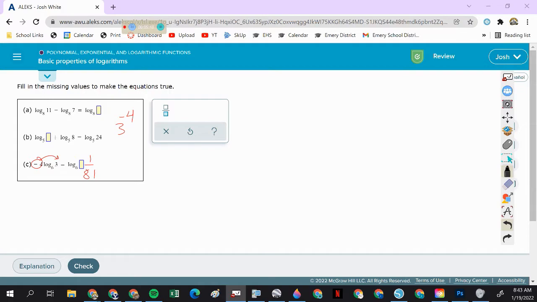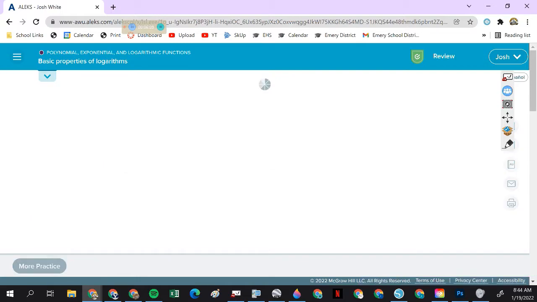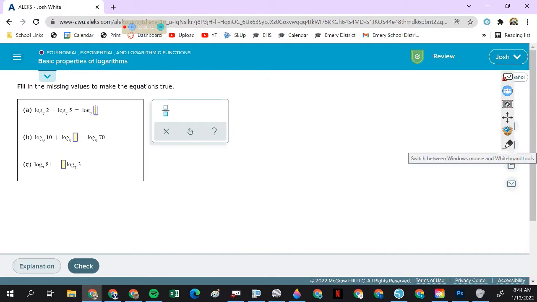So in general, positive logarithms land in the numerator, negative logarithms land in the denominator, and the power rule allows you to move that coefficient to the exponent. Okay, let's do a couple more of these. Log base 7 of 2 minus log base 7 of 5 is equal to log base 7 of 2/5.